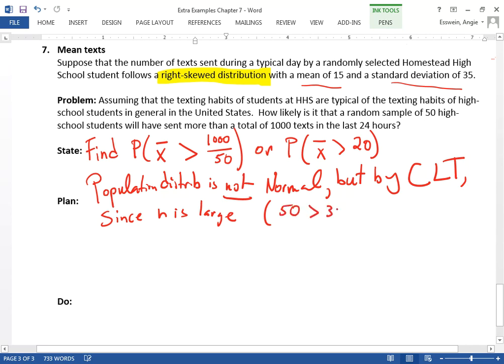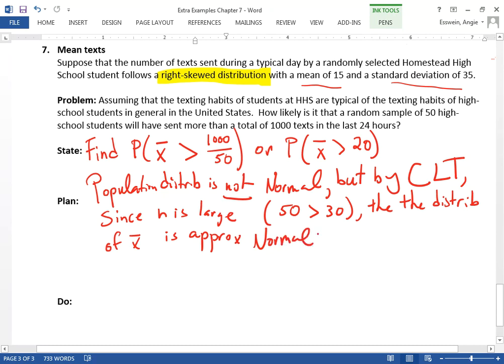So 50 is greater than 30. The sampling distribution of X bars is approximately normal. Make sure you say the word approximately, otherwise it'll assume you mean exactly normal, so you have to say approximately normal.